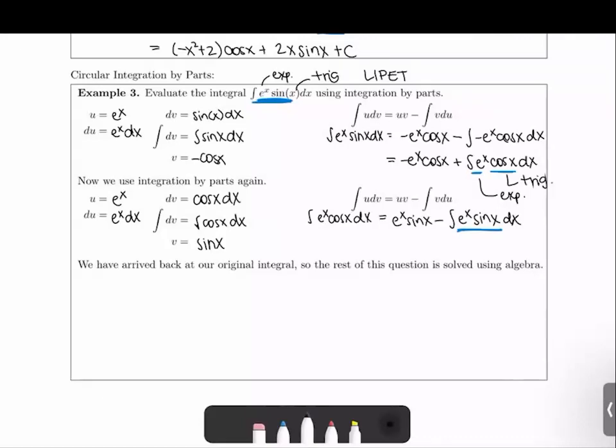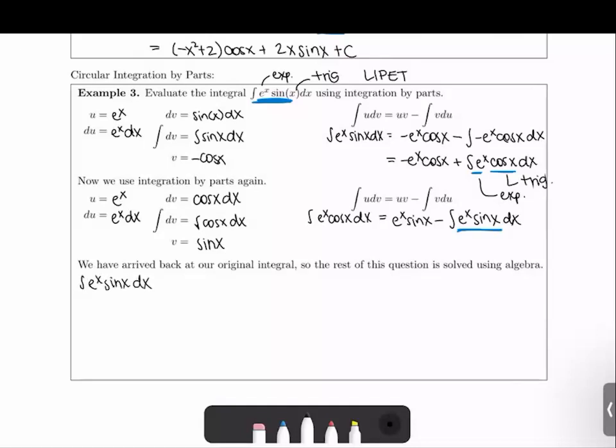So whenever we're doing circular integration by parts, what's going to happen is that whenever we use integration by parts a second time, we get back to the integral we started with. And when we have arrived back at our original integral, we can stop and just use algebra to figure this out.